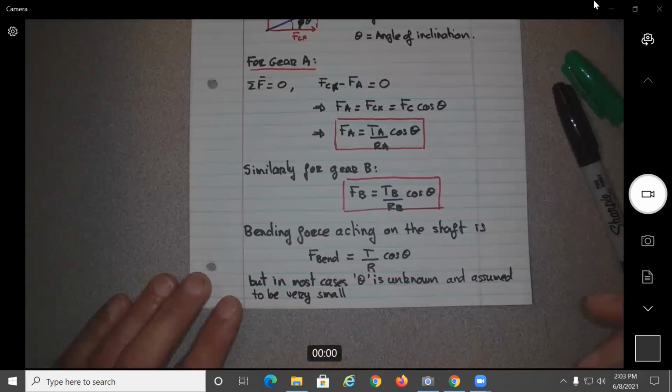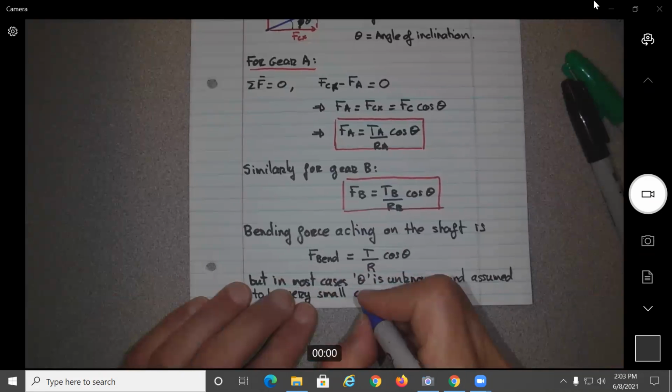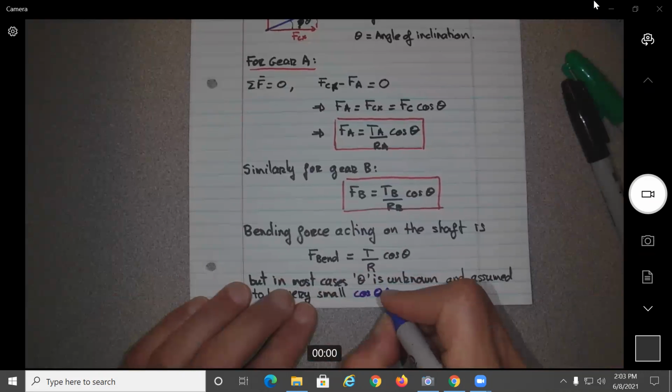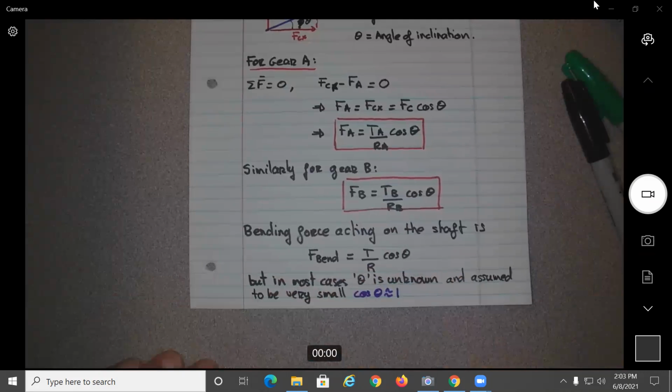So if it's small, what does it mean? Cosine theta will be approximately equal to 1. So this is data that I've never seen in a problem.